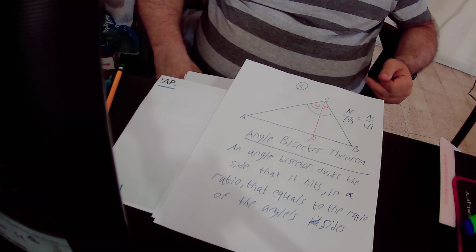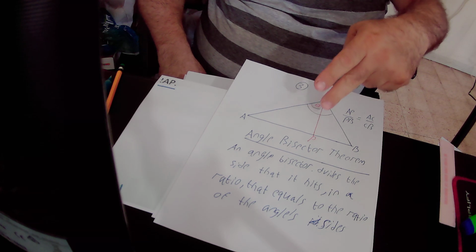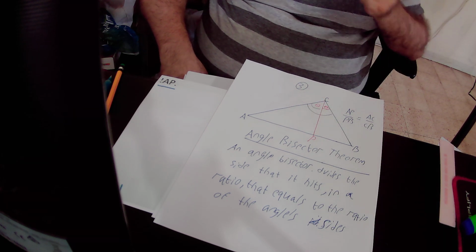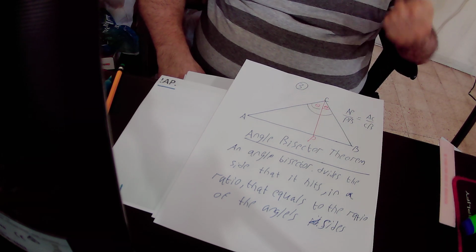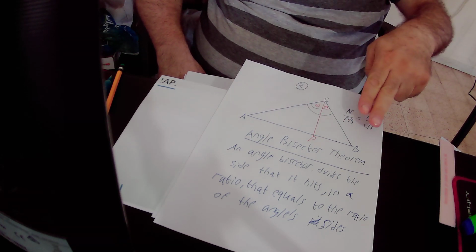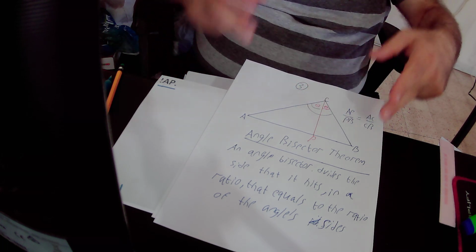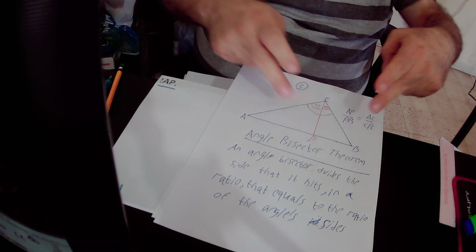Again, an angle bisector, that is to say line PC in the red color, divides the side that it meets, side AB, into two parts.